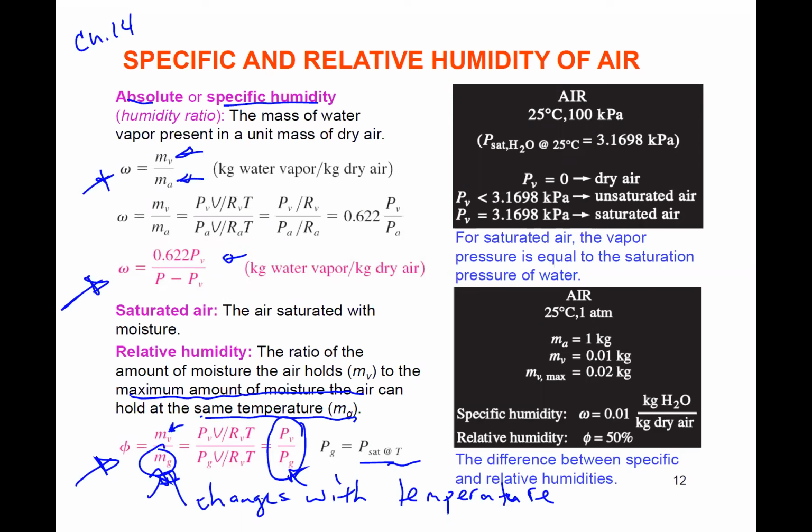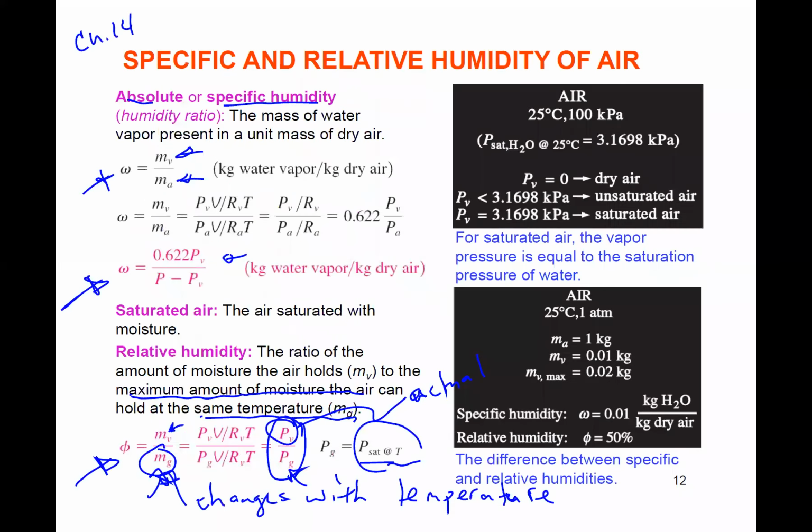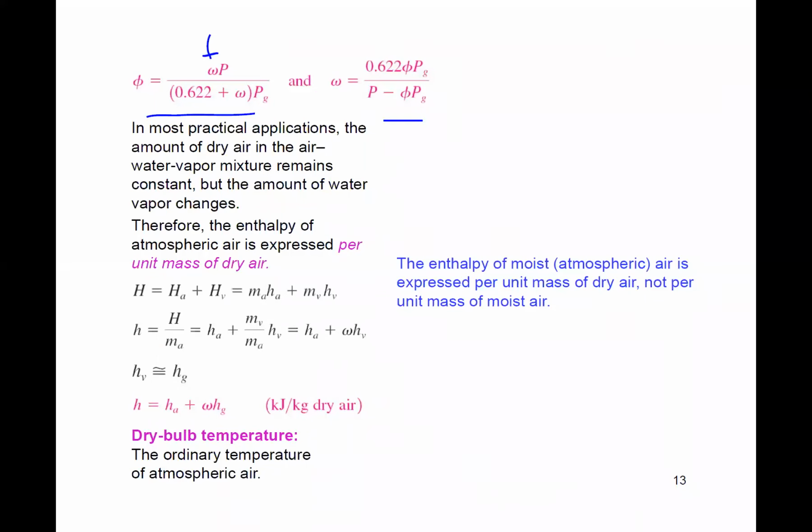So that's your maximum partial pressure of the water vapor, and this is the actual. These equations are just simplifying these so you can go from one to the other. If you know specific humidity, you can get relative, or if you know relative, you can get specific.